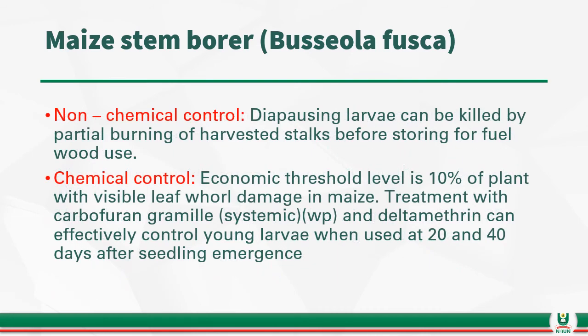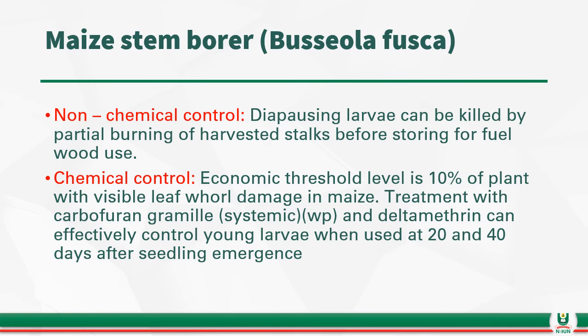It can be controlled by dispersing larvae, which can be killed by partial burning of harvested crops before storing for fuel use. Heat, smoke, that's what makes them come out. So partial burning of harvested stuff. And if you want to control them chemically, you have to treat with carbofuran, which is a systemic insecticide, or deltamethrin.